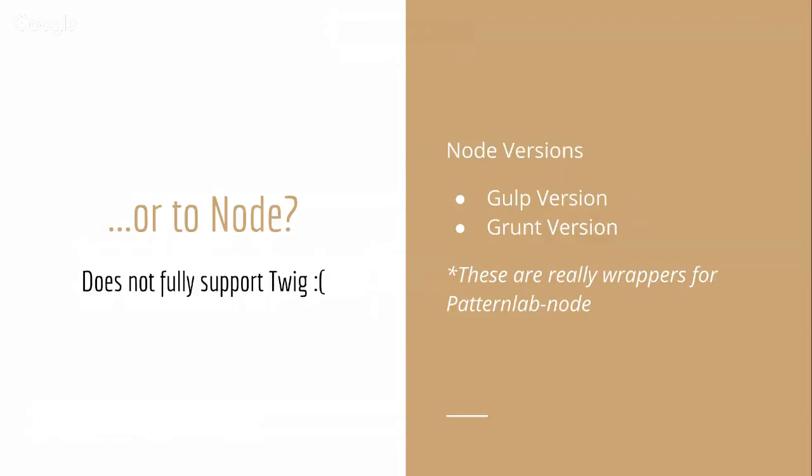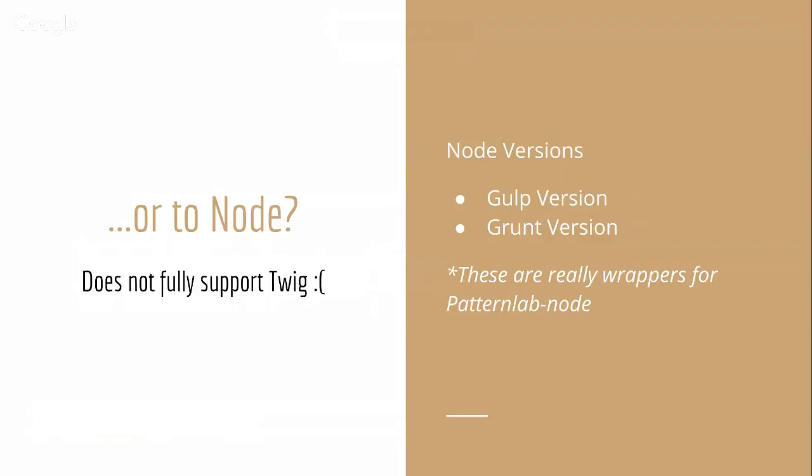They just kick off different pattern jobs. Pattern Lab Node is like an npm package that you would download, and your files would actually reference that package. And the wrappers available are gulp and grunt.